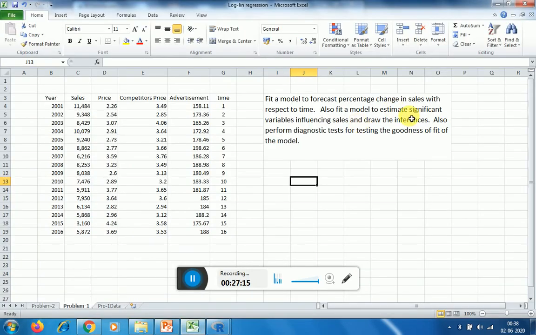Whatever tasks we were asked to perform, we have performed, and also we have performed the diagnostic tests for testing the goodness of fit of the model.